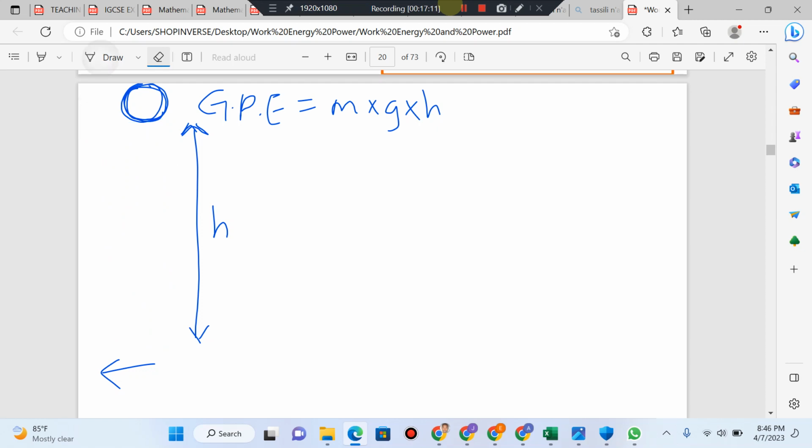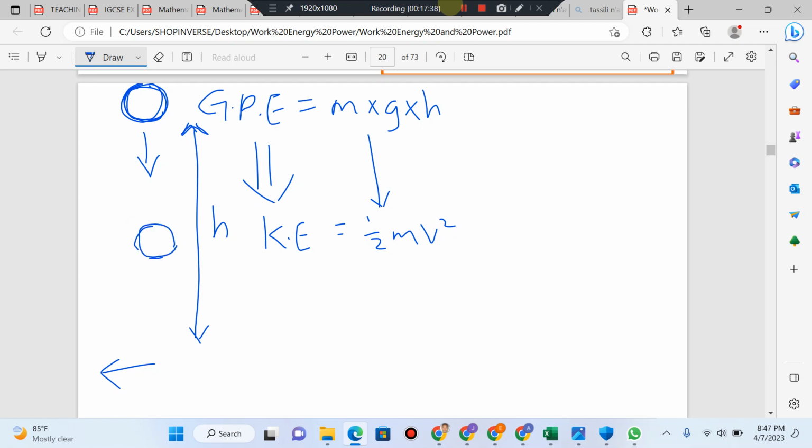Since there is no support holding the object in place, then the ball begins to fall. It falls downward. What is happening while it's falling? The gravitational potential energy is being converted into kinetic energy. And kinetic energy is given by the expression half mv squared.